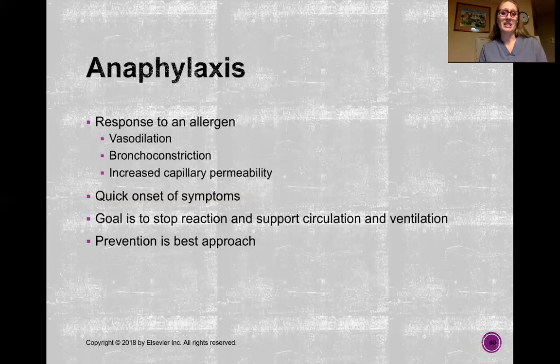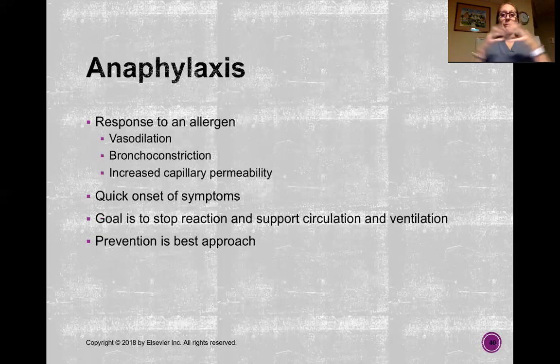Anaphylaxis is a specific type of shock that has to do with a response to an allergen, and it can happen fairly quickly. Penicillin is actually the most common, and it usually happens within an hour, but can happen up to 72 hours actually. So prevention is best, but if there is some sort of anaphylactic reaction, epinephrine is going to be our friend because we have profuse vasodilation, bronchoconstriction, and increased capillary permeability.